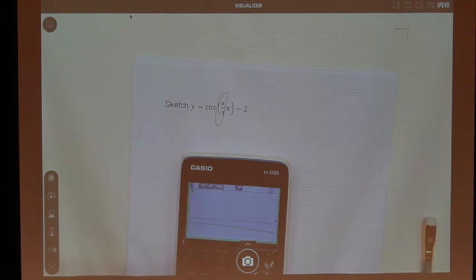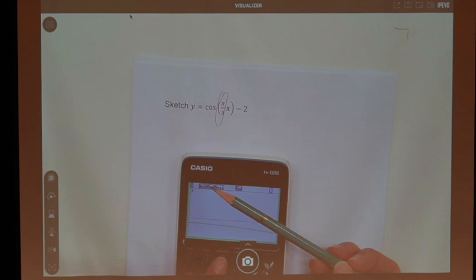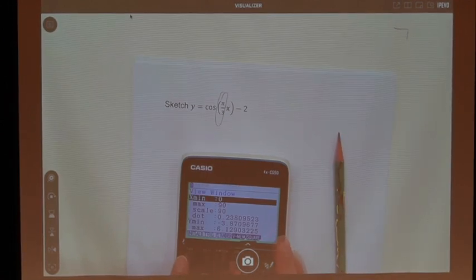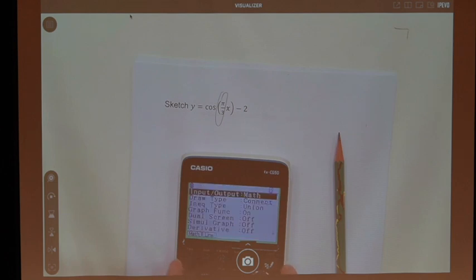If you're using the same setting, it will look like this. Again, we have to fix it. First of all, change it to radian. Yes, Hazel? There is a pi there.